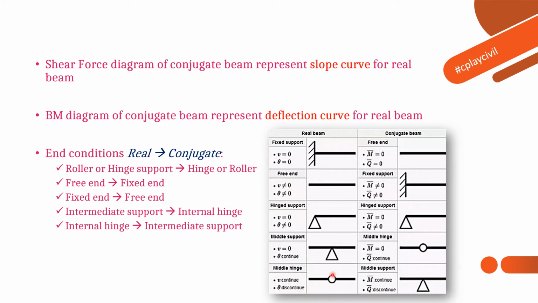And vice versa, if we have an internal hinge in the real beam, then that has to be changed to an intermediate support in the conjugate beam. So this is how we construct the conjugate beam and find the shear force and bending moment diagram. Shear force represents the slope and bending moment represents the deflection. And this is applicable to non-prismatic beams with variable flexural rigidity at cross sections, as well as internal hinges and internal links. Now let's move on to the next method.